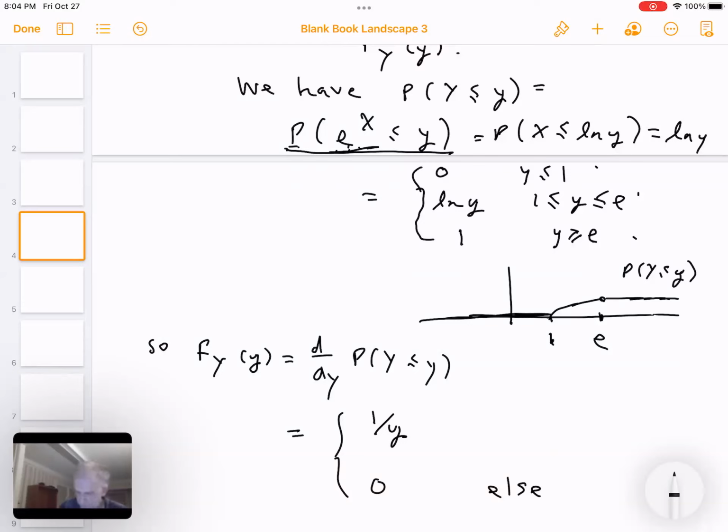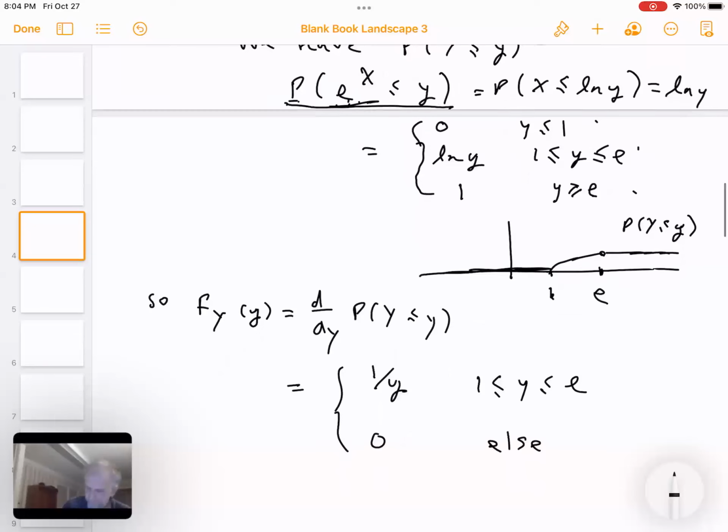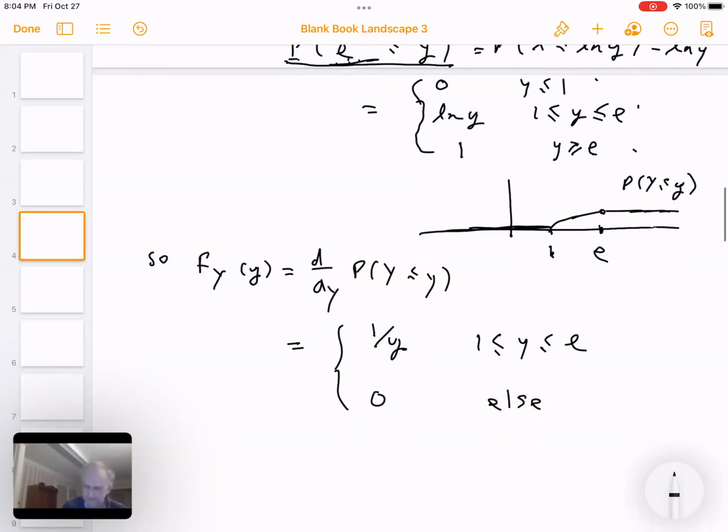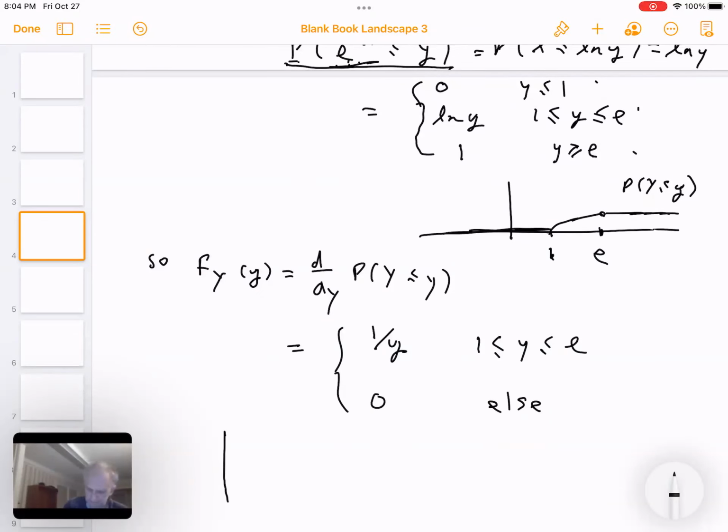Yes, that's fine. So 1 less than or equal to y less than or equal to e. Okay, so the density is decreasing here. So it's going from 1 over 1. This is just the 1 over y function, the hyperbola, down to 1 over e here, and 0 over here.